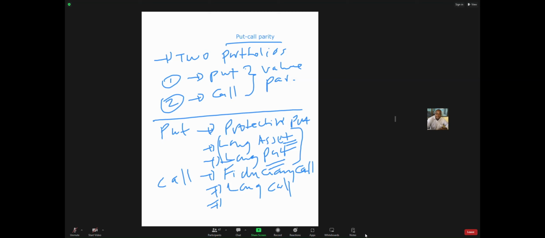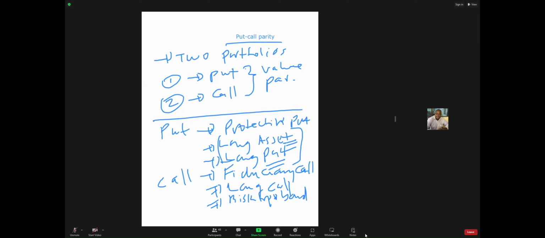Then you also put money in a risk-free bond, such that on maturity of the risk-free bond, the value will be equal to the exercise price of the call.